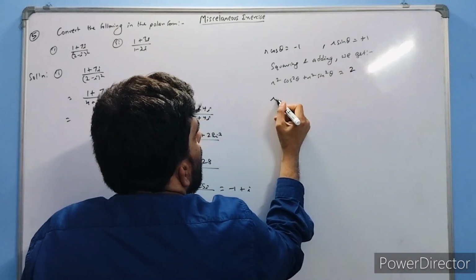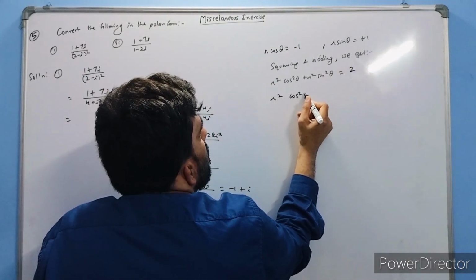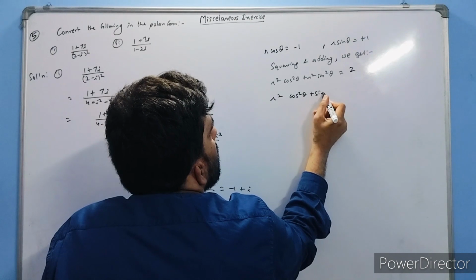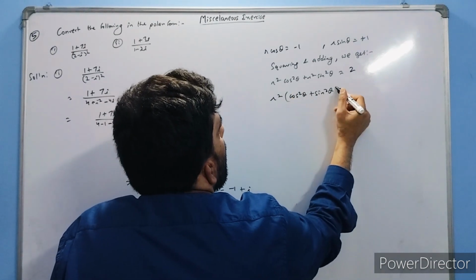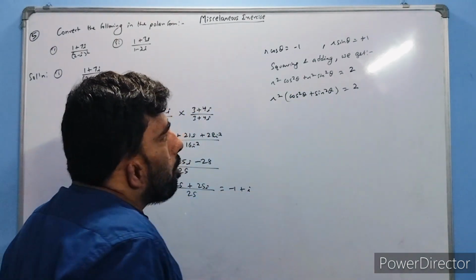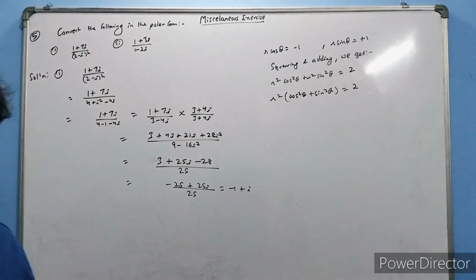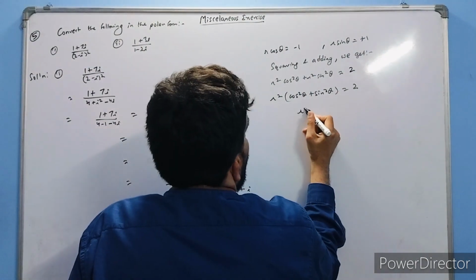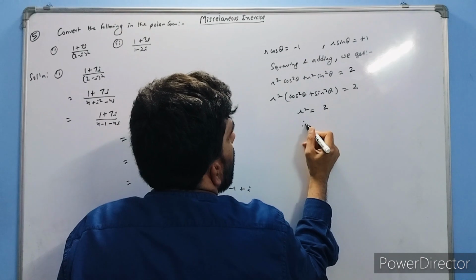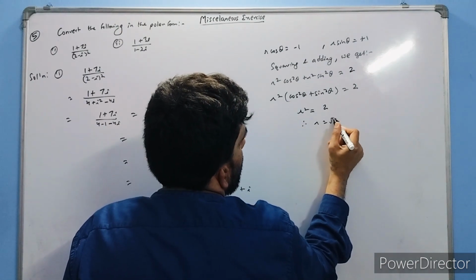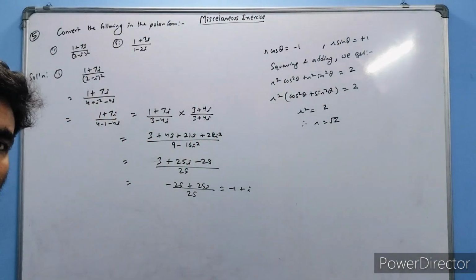So we'll have r square common, cos square theta plus sin square theta, equal to 2. We know that sin square theta plus cos square theta is 1. So r square is equal to 2. Therefore r is root 2. That is what I got as the modulus.